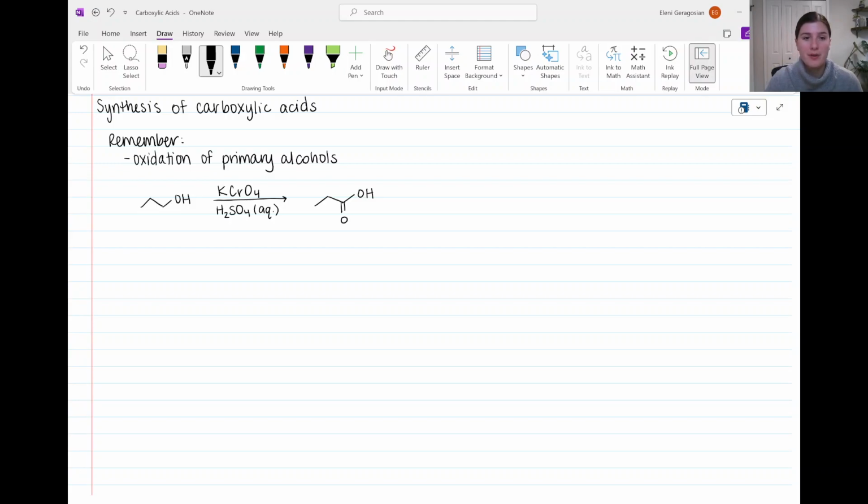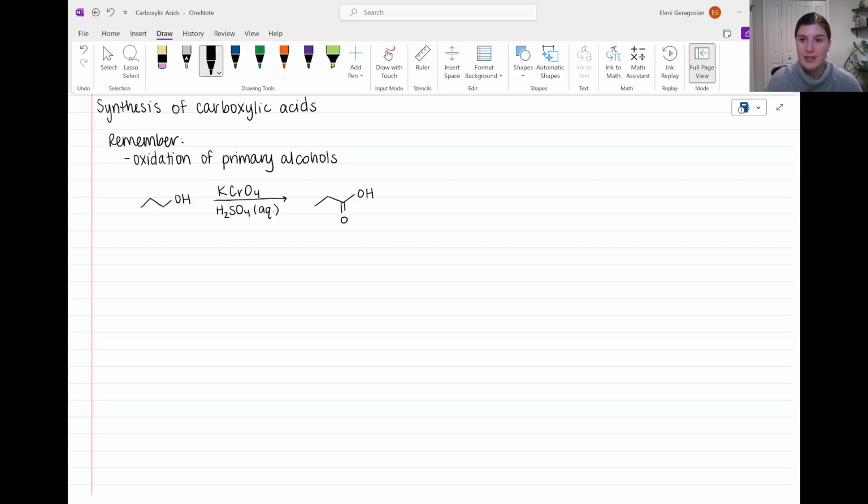And you might remember in this reaction scheme, we didn't draw out the mechanism, but in the reaction scheme, the primary alcohol is first oxidized to an aldehyde, and then the aldehyde is further oxidized to a carboxylic acid.